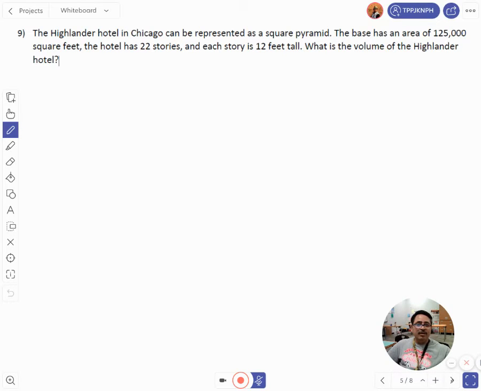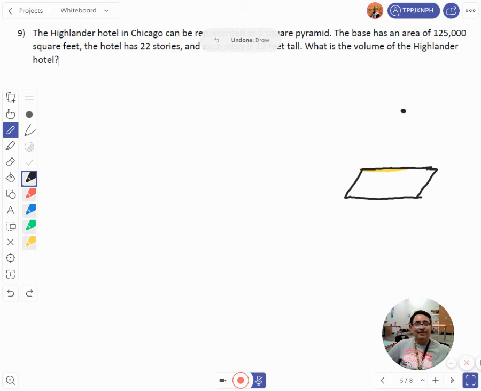Let's say the base, oh, let me take a different color, the base is a square, and it's a pyramid shape. I'm sorry, the diagram is not so great.